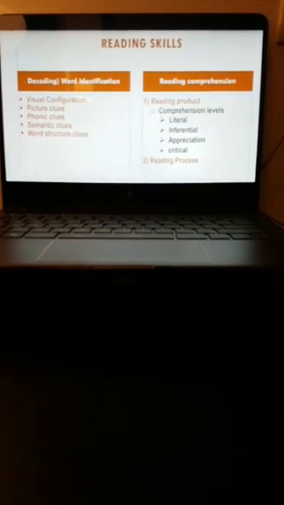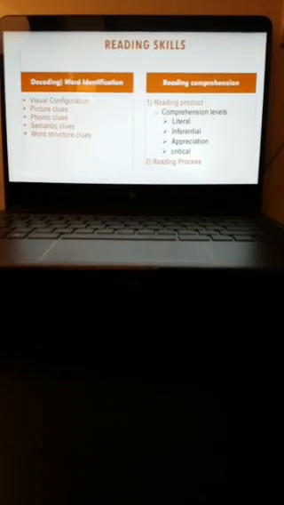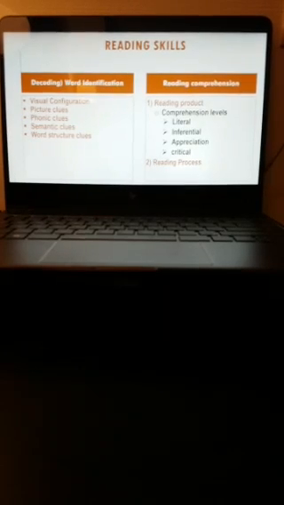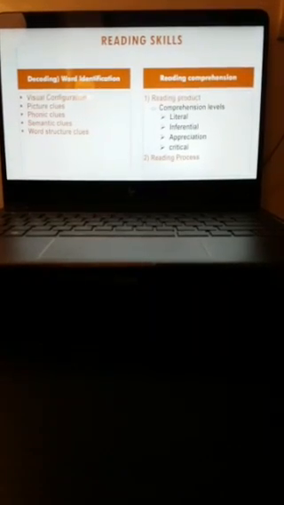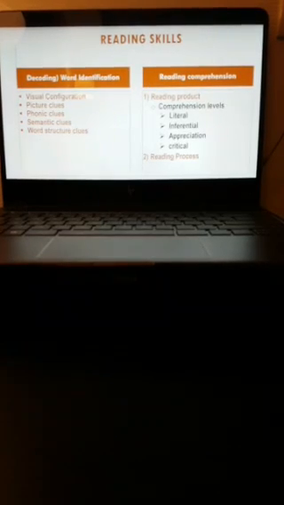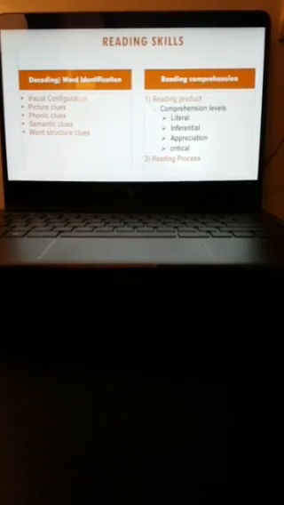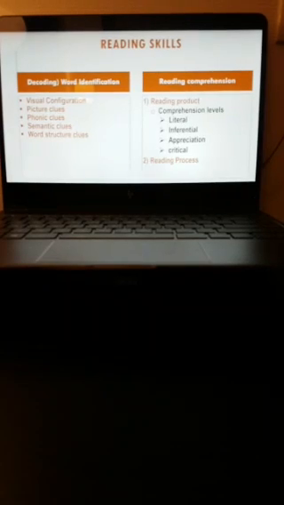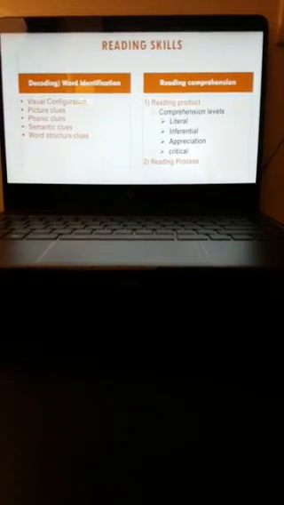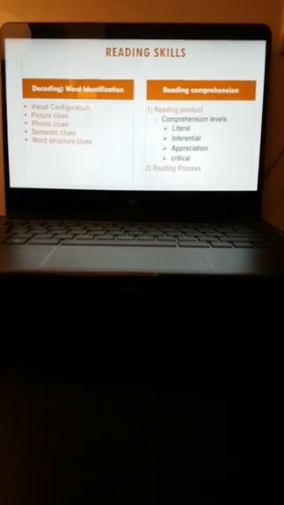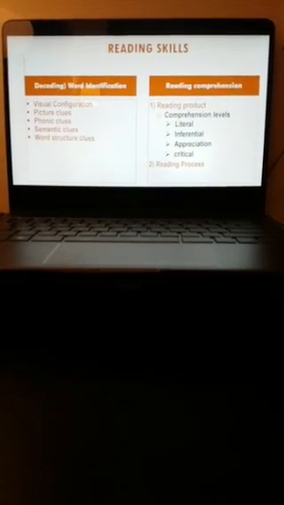Also, we have critical reading, and we have appreciation, like in the case of poetry. We understand, we explain figurative language. Critical reading is when we verify fact and opinion; we don't just take the text for granted as it is.